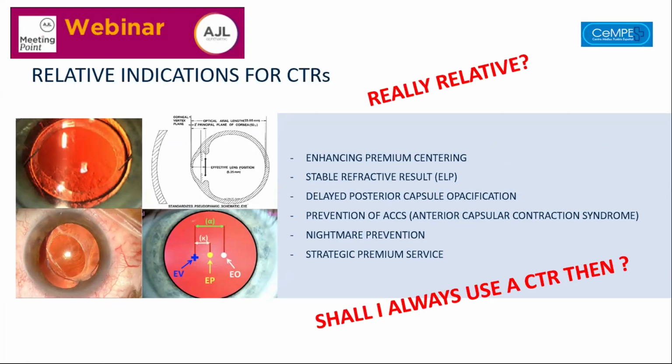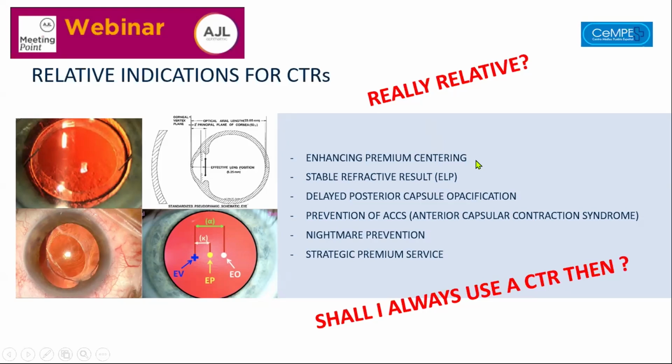If you make your capsular bag regular, then the IOL is implanted in a circular bag, which provides, in the long term, whatever happens with the capsular bag retraction, if it's not even from all sides of the bag, it won't decenter the lens. So it enhances the premium lens centering.